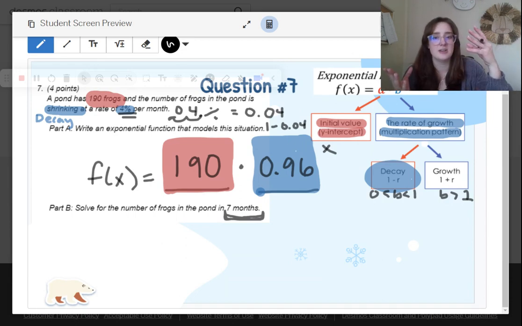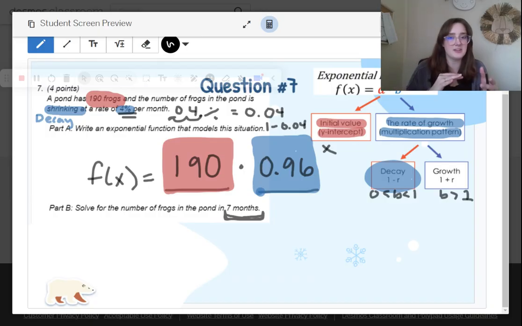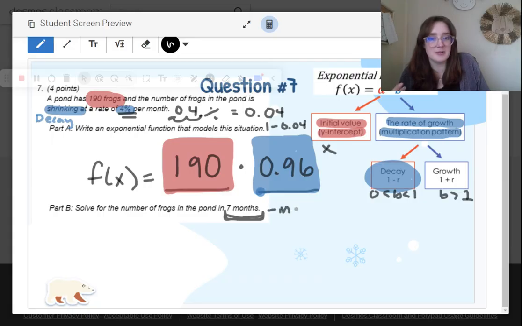So is time happening, and depending on the time is going to determine the frogs, or are the frogs just shrinking, and then depending on that, it's going to determine the months? That kind of sounds a little weird. So this is our independent variable, which is X, right? So they're giving us X, we need to find Y.